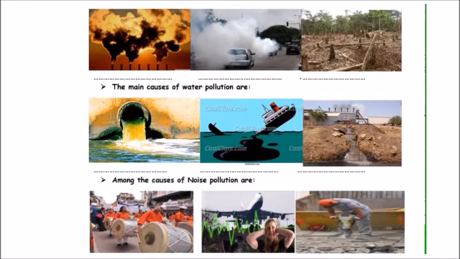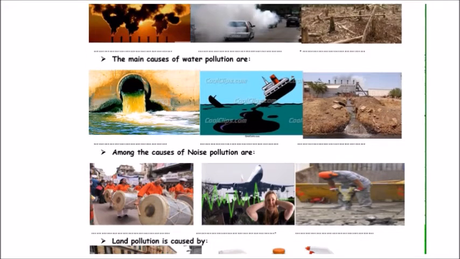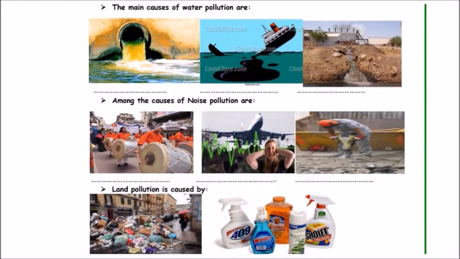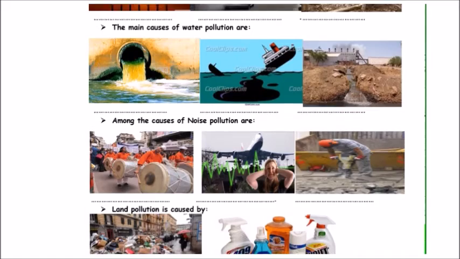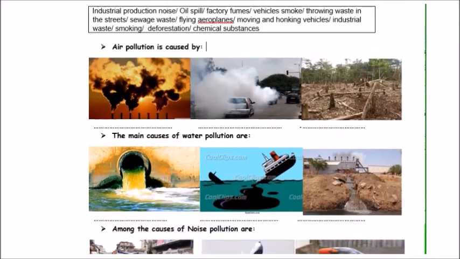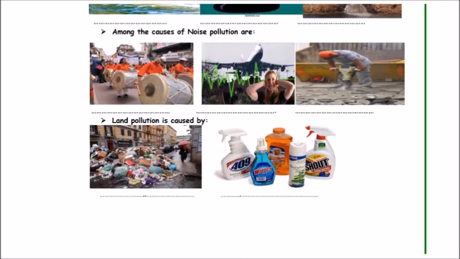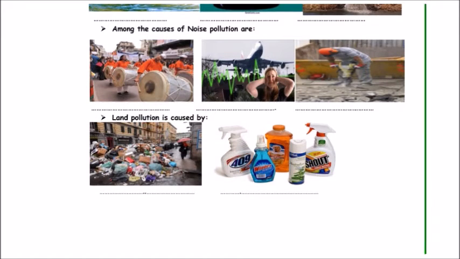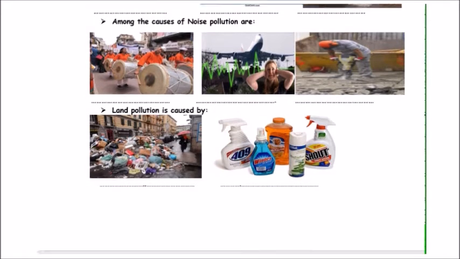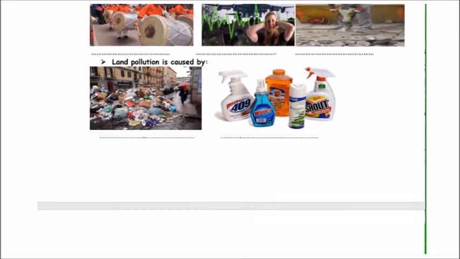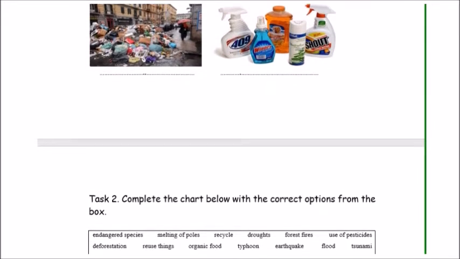The main causes of water pollution, ¿cuáles de esas palabritas representan esta frase? Y among the causes of noise pollution, ¿cuáles de esas palabritas de acá del banco son las que se representan en las imágenes? Y también land pollution is caused by y cuáles de esas palabritas que están ahí definen o se relacionan con esta clase de contaminación.